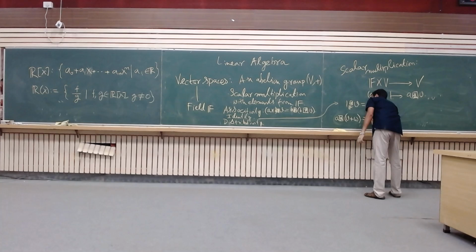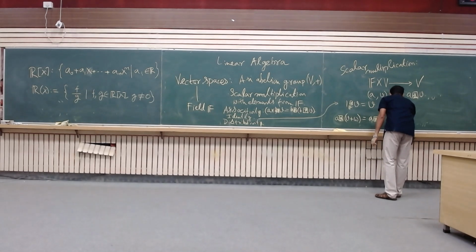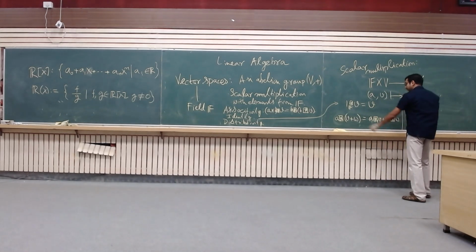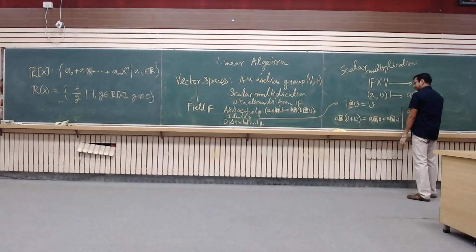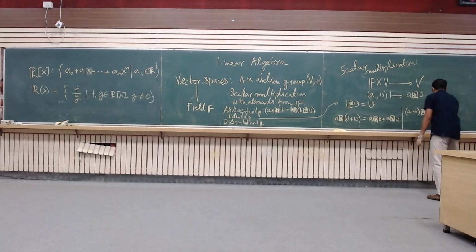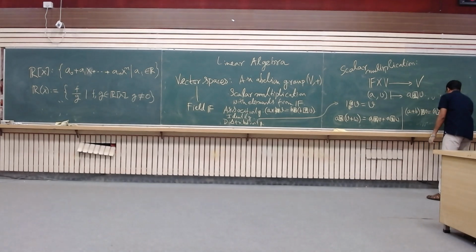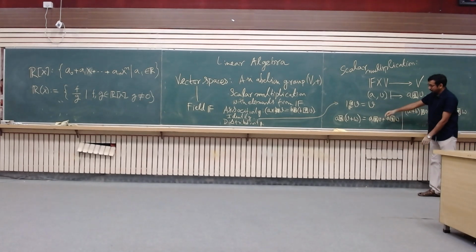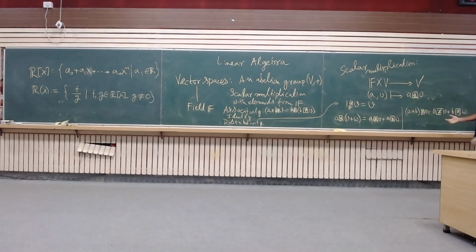If you multiply with this, you get A star V plus A star W. And here also, (A plus B) star V is A star V plus B star V. So the scalar multiplication is distributive over addition in the vector space, and also distributive over the addition in the field as well.